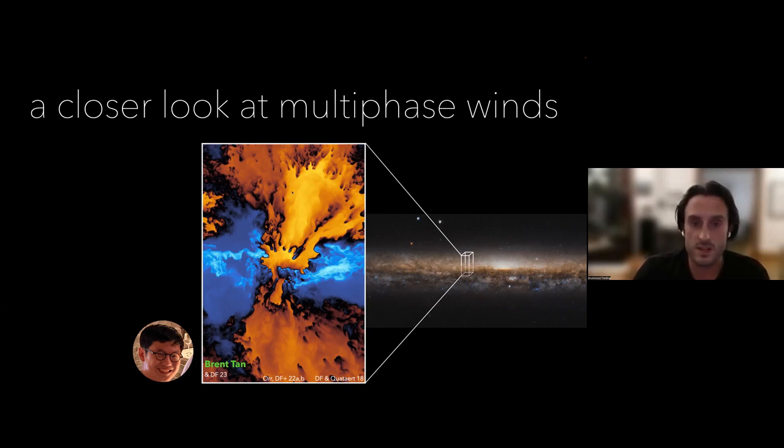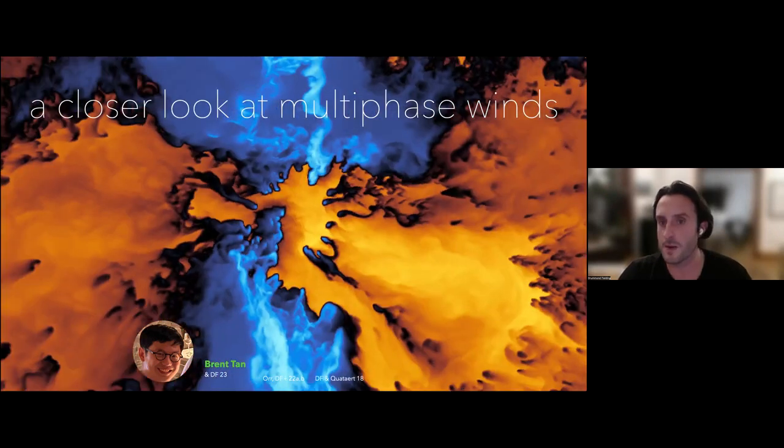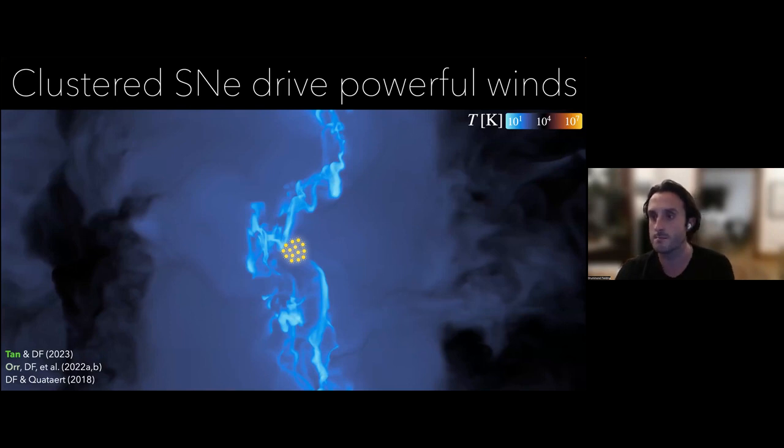And what we did was we studied this process of supernovae driving outflows out of galaxies. And I'm going to take that simulation, flip it on its side. So now the galaxy is oriented vertically, and I'm going to make this a movie. And what you should imagine here is, here's the midplane of the galaxy, right? These bright blue things are cold, dense clouds.